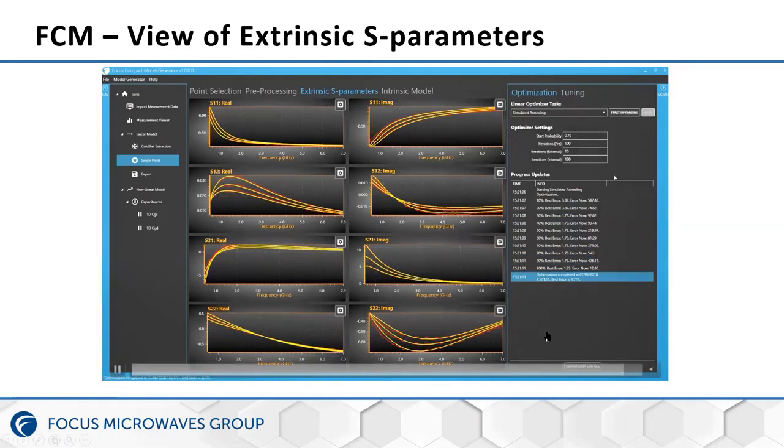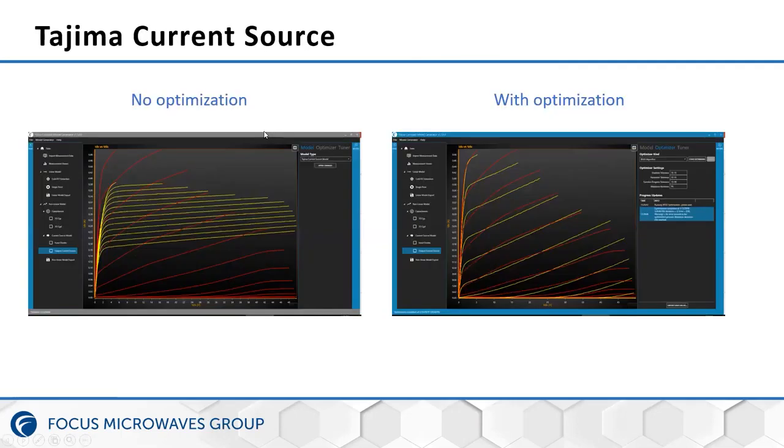Once the optimization is complete, the results can be saved. Similarly, here is represented one example of the current source model. On the left is a figure where no optimization technique was performed, and on the right, it's with the optimization. These are the IV curves for the generated model.